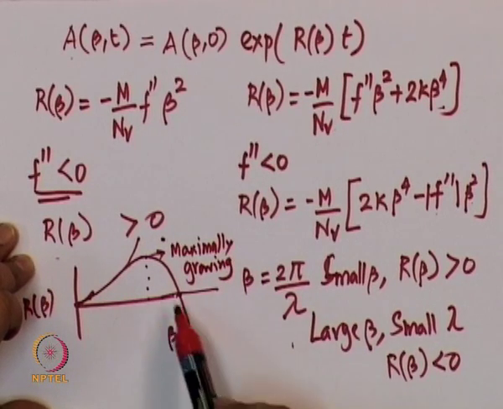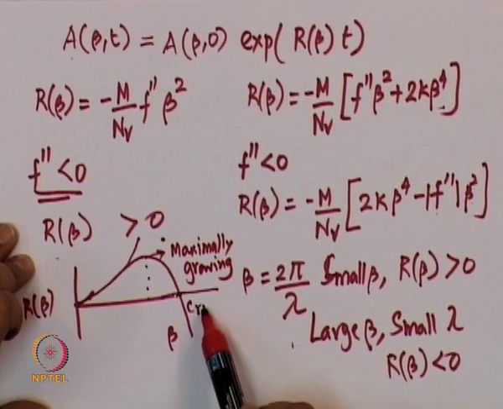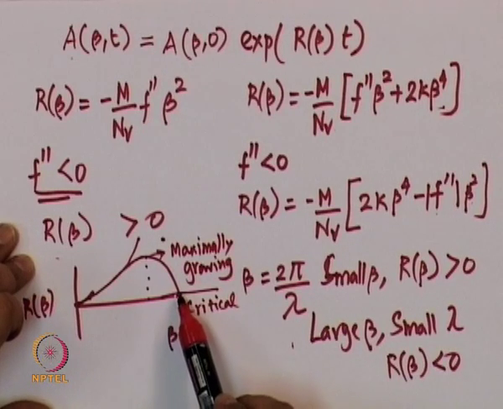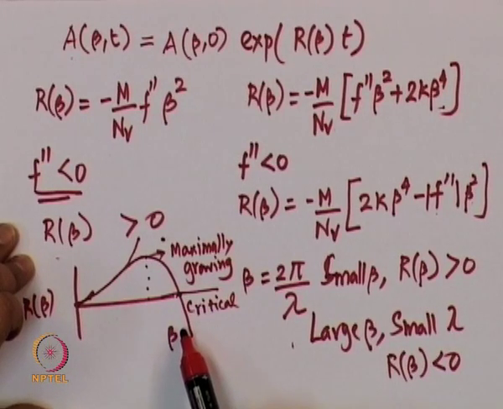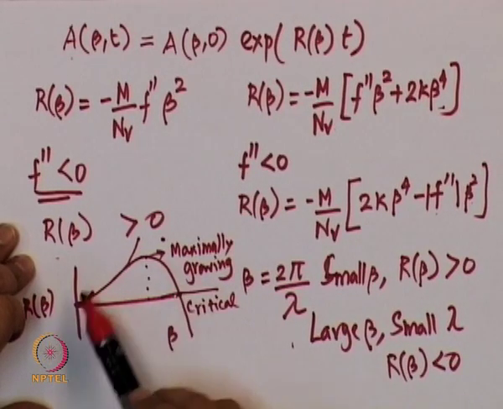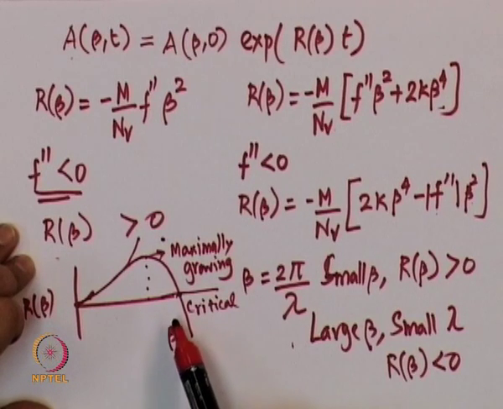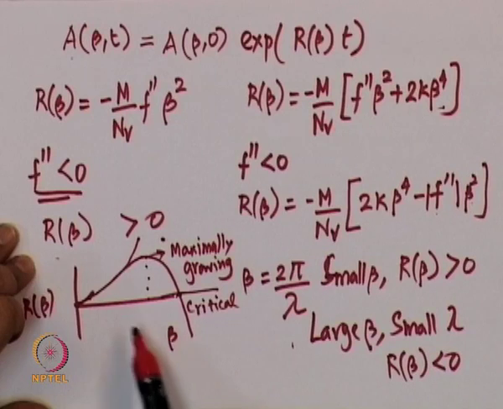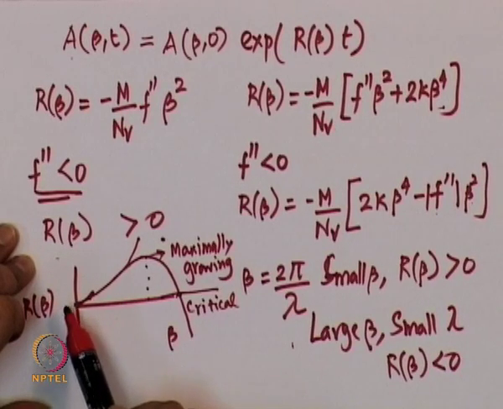So there is a maximally growing wavelength, and there is a critical wavelength. Any beta greater than the critical value will not grow, which means wavelengths less than some wavelength will not grow. Any beta smaller than this will grow, which means some large wavelengths. This 0 basically means, because beta is 2 pi by lambda, infinite lambda, so infinite wavelength.